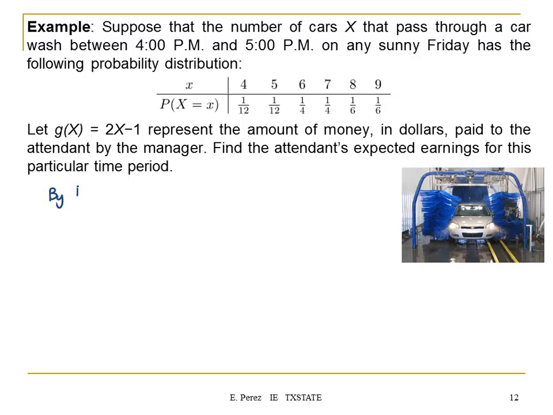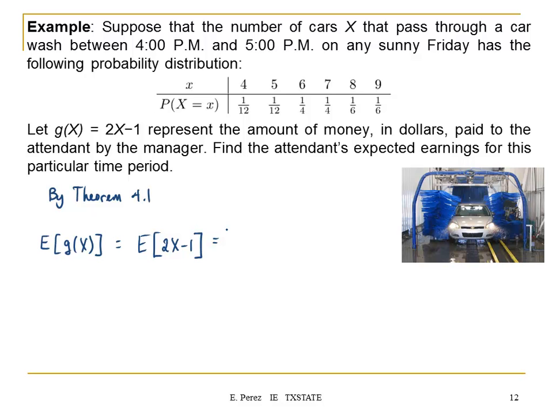By theorem 4.1, we know that the expected value of g of x is going to be equal to the expected value of 2x minus 1.